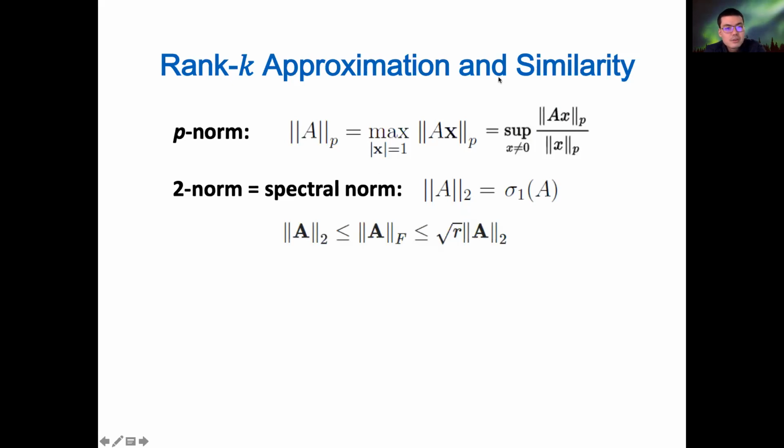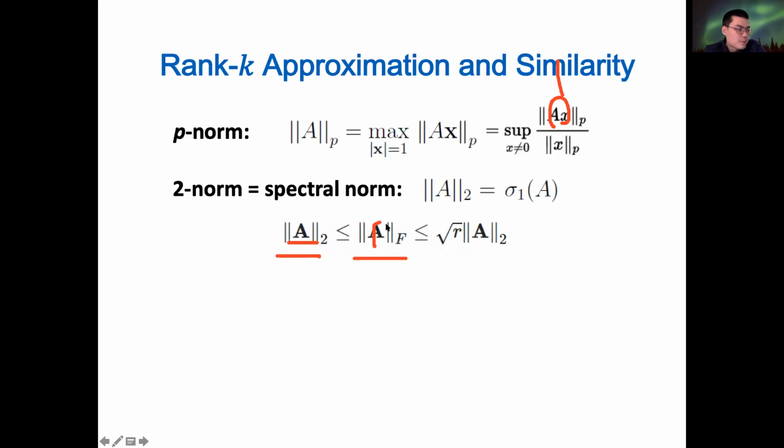In general, we have this relationship: the 2 norm is smaller than or equal to the Frobenius norm. The reason is very simple. The 2 norm is the vector L2 norm, the vector's size.